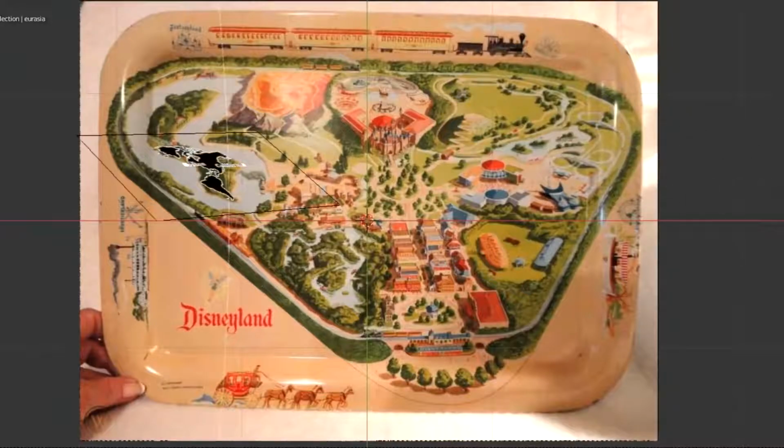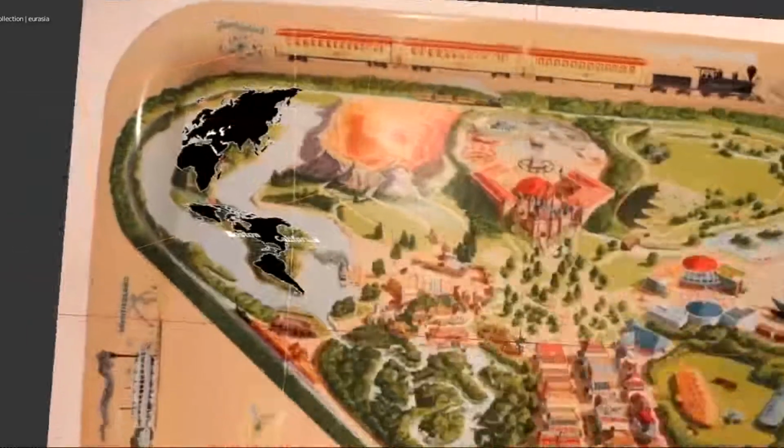Let's take the map of Uncle Walt and put the continents on it. Oh, you are skewing it and flipping it. Well, here is the proof. It's all about perspective, of course.